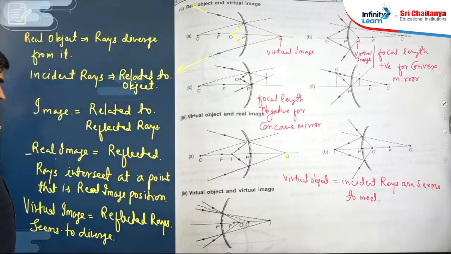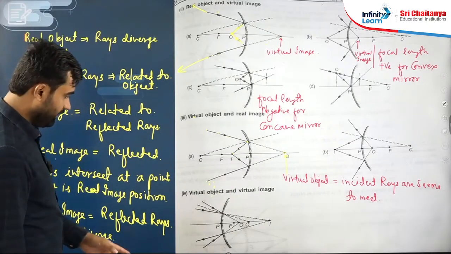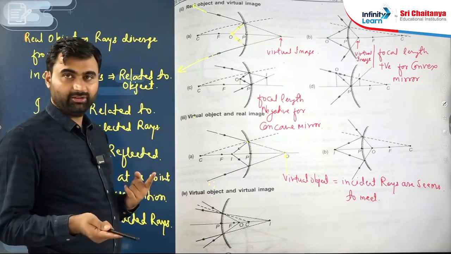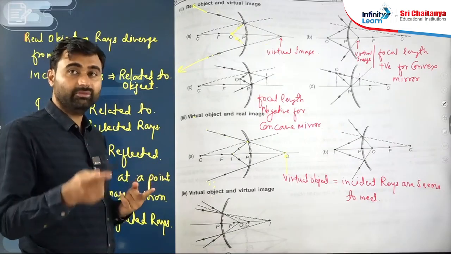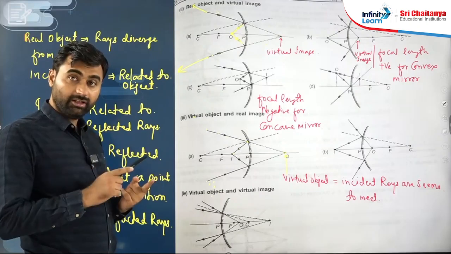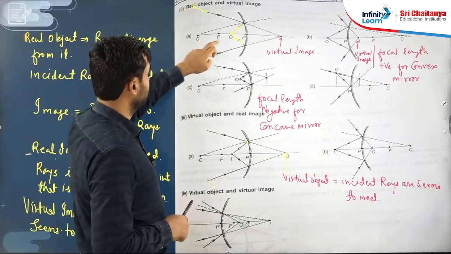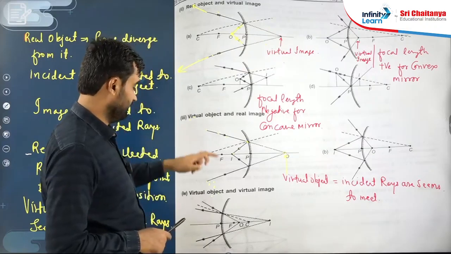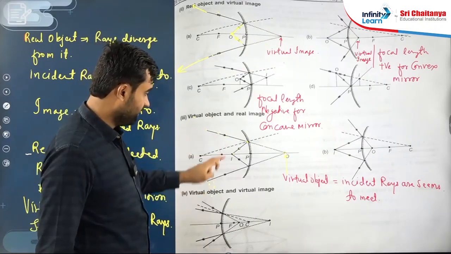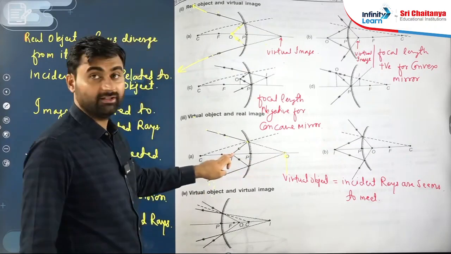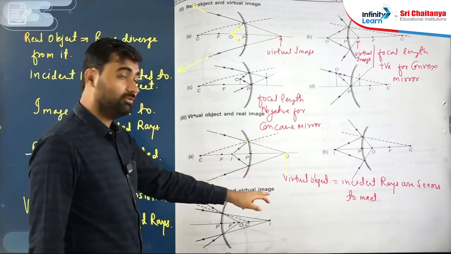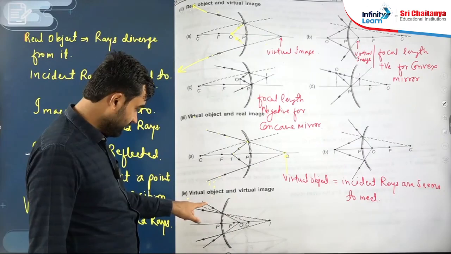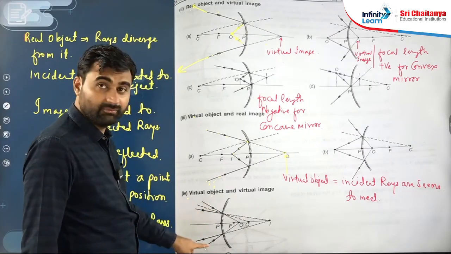Now next, here you can see a real object's image can be real or virtual. For a virtual object, rays are incident, and the virtual object's image can be real, and a virtual object with a virtual image is also possible. You can see how rays are incident.